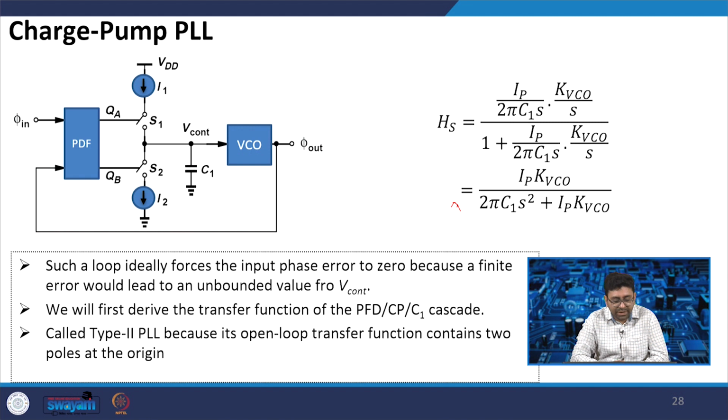So, what we need is to first derive the transfer function of the PFD, charge pump and C1 cascade, and then we call it a type 2 PLL because its open loop transfer function contains 2 poles at the origin.